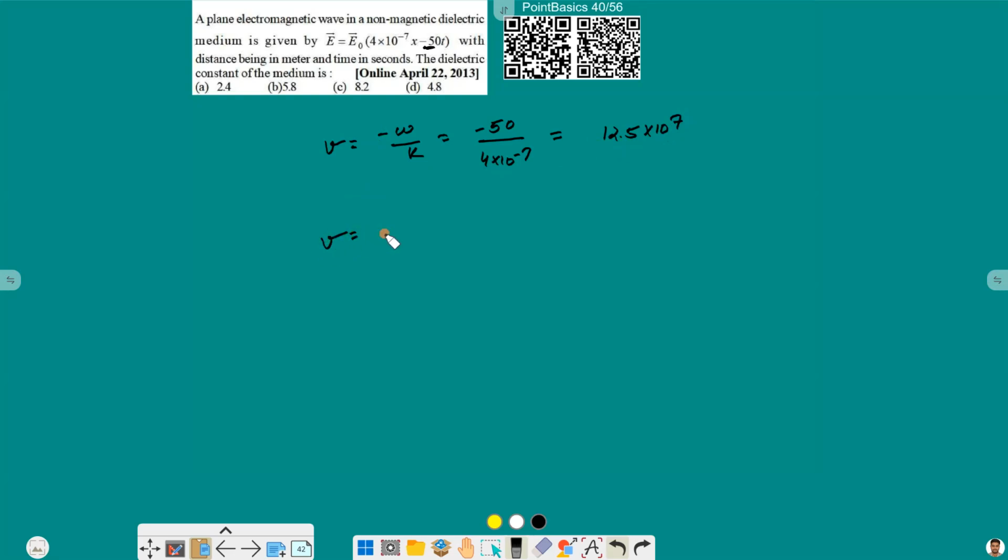So this velocity should be equal to 1 by under root of mu naught into k, the dielectric constant, into epsilon naught, and this will basically convert to V is equal to C by under root of K. So from this we can write that under root of K will be C by V. Now C is 3 into 10 raised to the power 8 divided by V, that is 12.5 into 10 raised to the power 7.